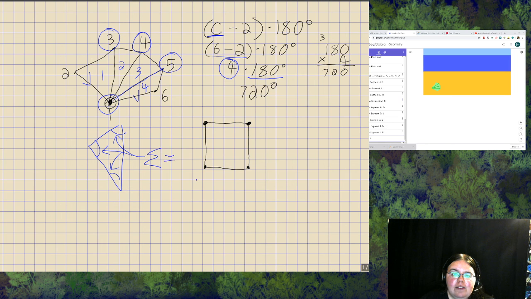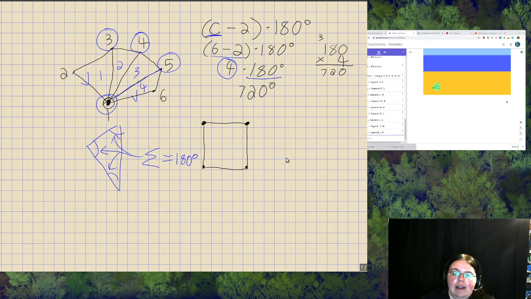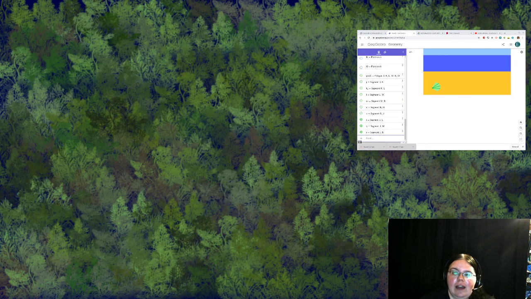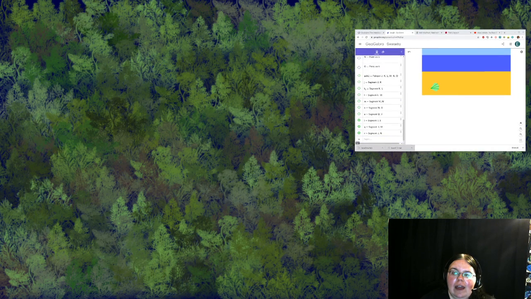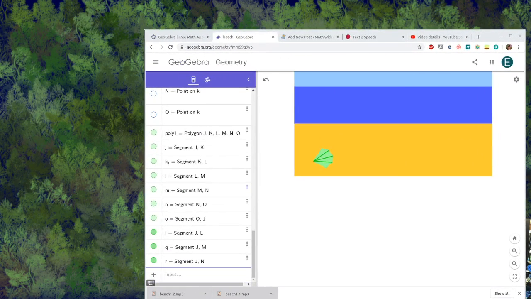If you add those all up, their sum always, if you're on a flat surface, equals 180 degrees. So this picture that we made in GeoGebra is the foundation for the proof of an important formula that's often used in engineering and design and all sorts of things.